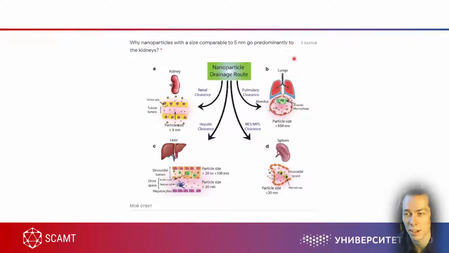So in other words, why they can bypass all of the other organs, liver, spleen, maybe lungs, and accumulate in kidneys. The right answer was because liver and spleen cannot filter nanoparticles with so small size. They filter nanoparticles with relatively large size. Because of this, nanoparticles with size about 5 nanometers will go to kidneys. There was no question about why they will be filtrated by kidneys.